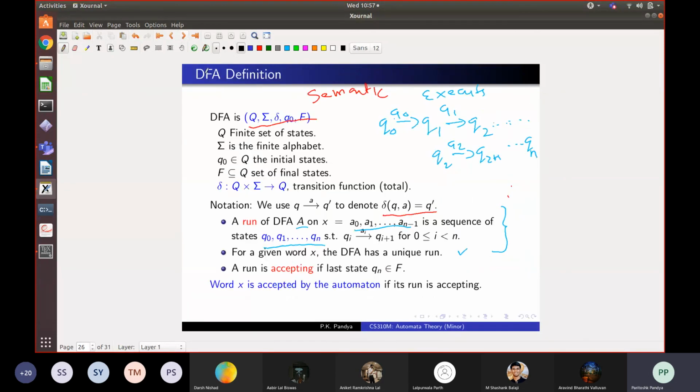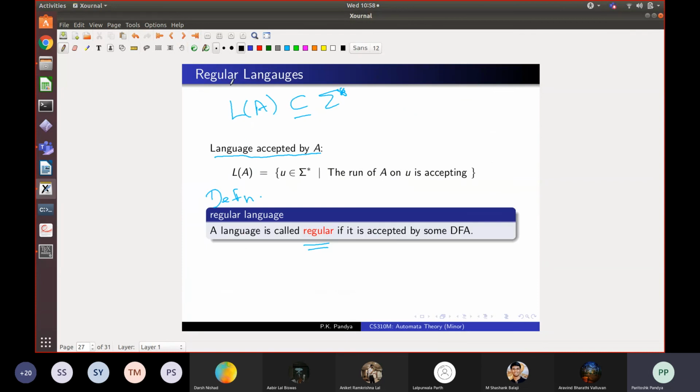We also considered the notion of execution of this automaton on a given word. For every word, the automaton will have a unique execution. And if that execution winds up in a final state at the end, we call that run accepting. So we have the notion of whether a word is accepted by an automaton, and that gives rise to the language of the automaton.